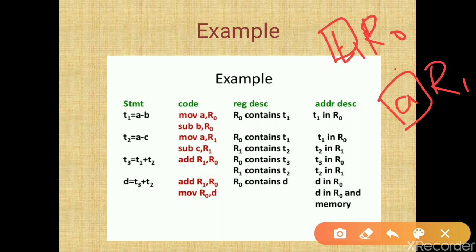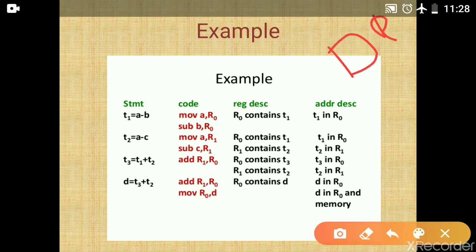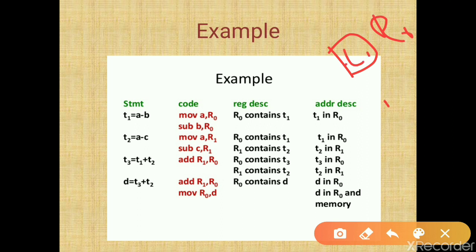So what will the register descriptor do? R0 contains the value T1, and T1 is in R0. That is the case. Now R0 contains the value T1 and I am generating R1.